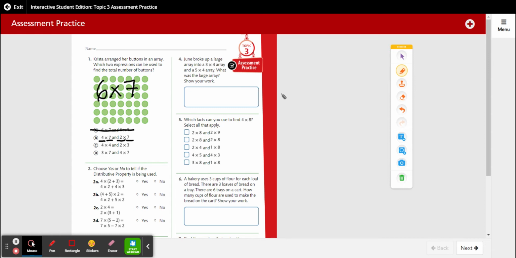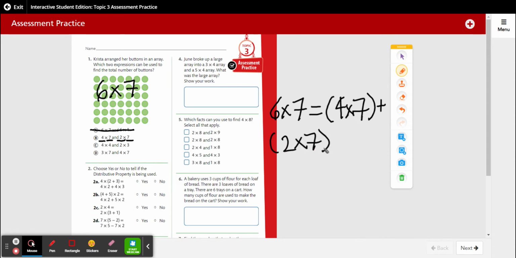So just to write this out, like we've done in class, 6 times 7, is that equal to 4 times 7 plus 2 times 7? Yes, it is. So what they've done in B is they've broken apart the 6 into a 4 and a 2. All right, so B works.